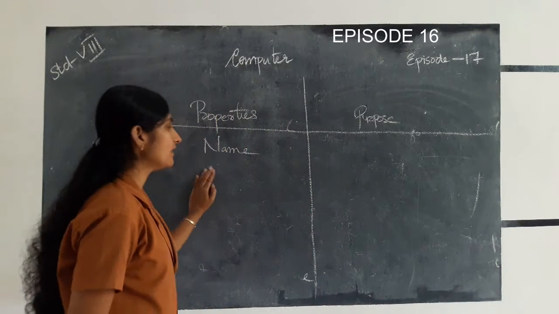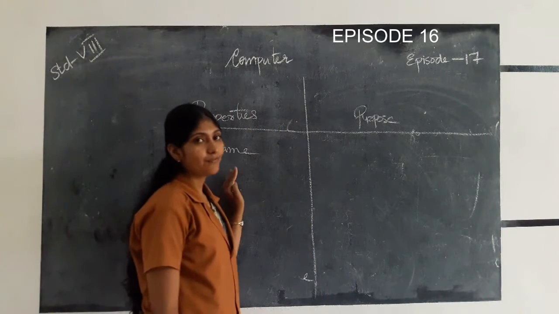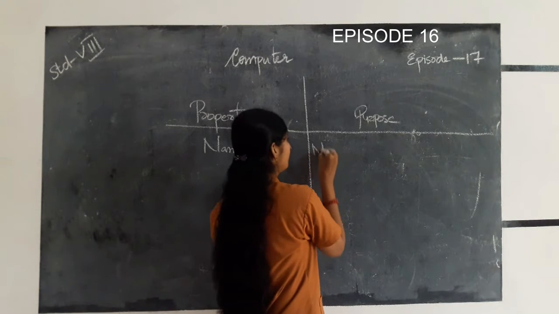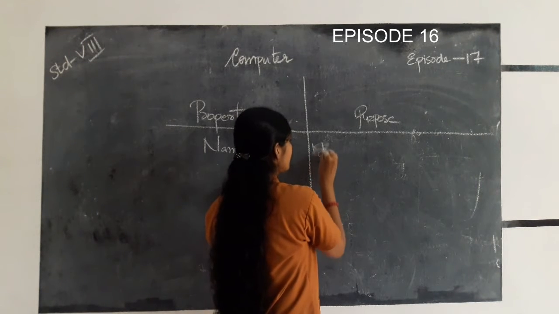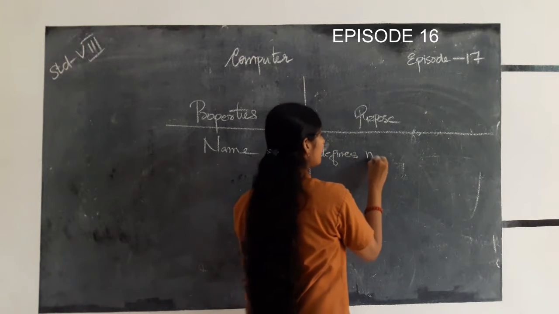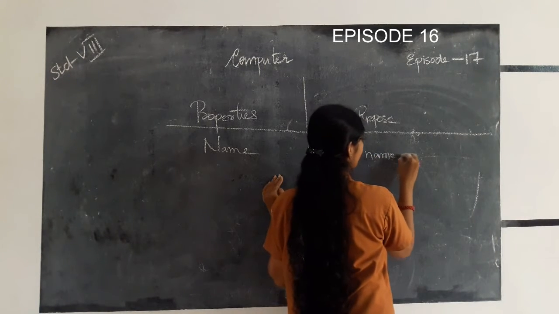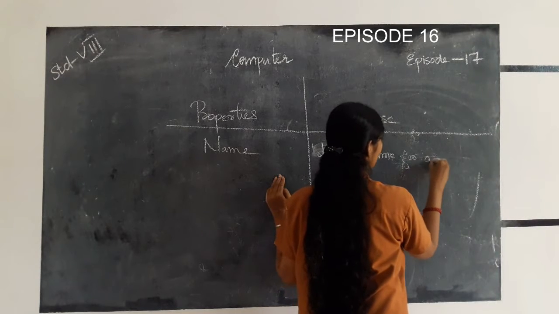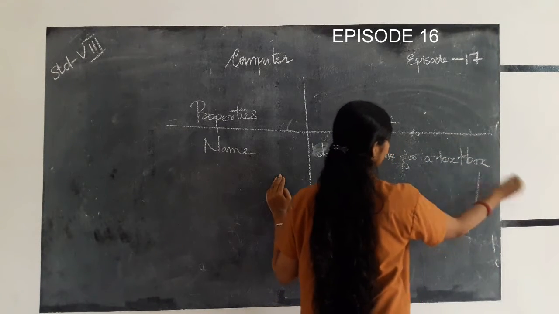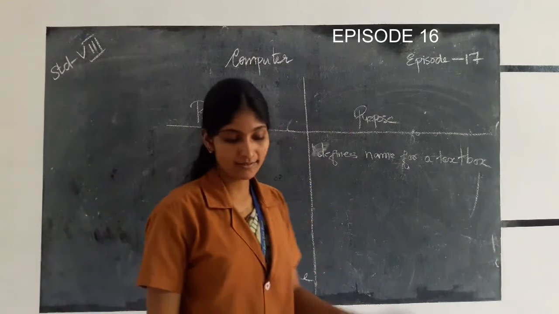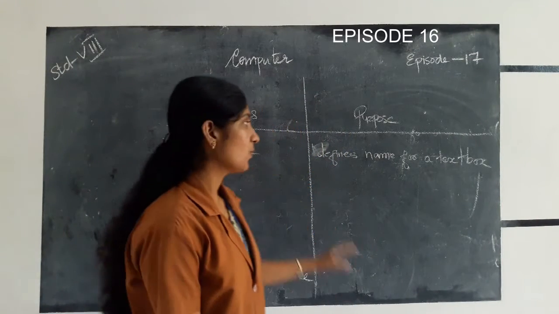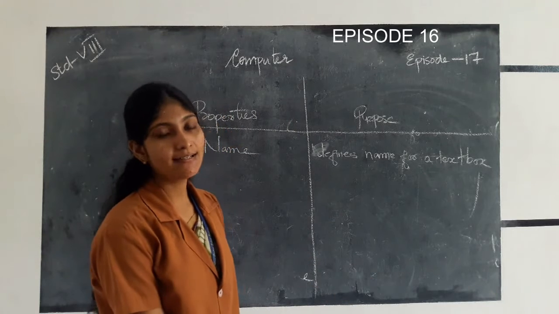So first one, name, defines the name for a text box. First property is name, which defines the name for a text box.